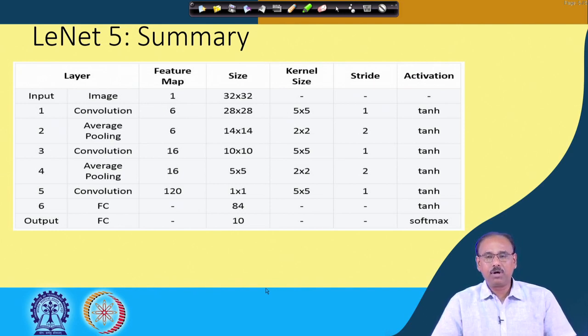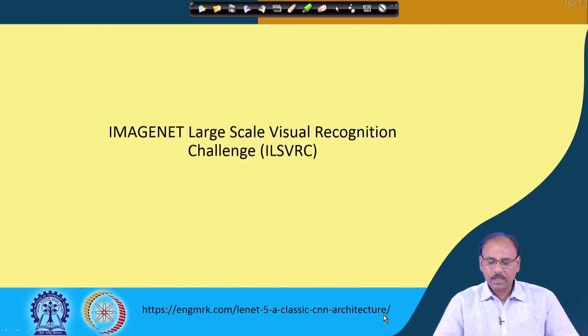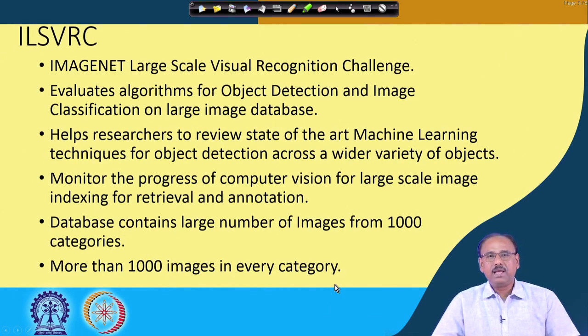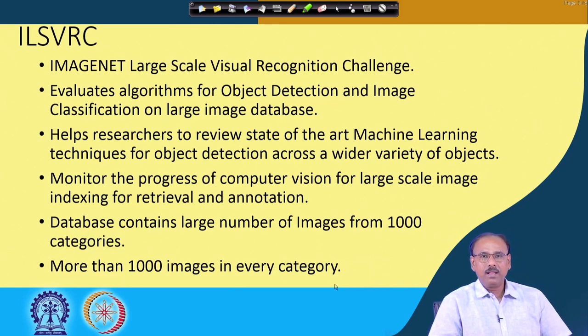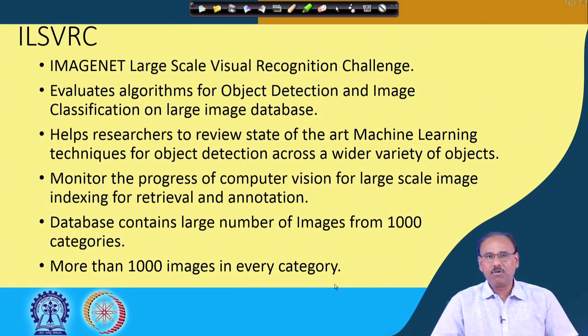Now before we go to the other neural network models, let me tell you about a challenge which is known as the ImageNet Large Scale Visual Recognition Challenge, or ILSVRC. So what is this challenge? This ILSVRC is a forum that evaluates algorithms for object detection and image classification on a large image database.